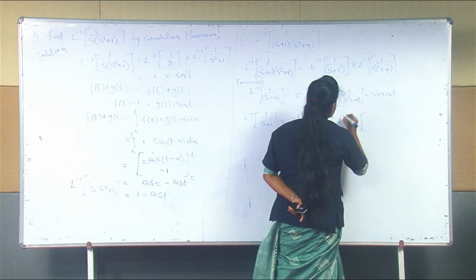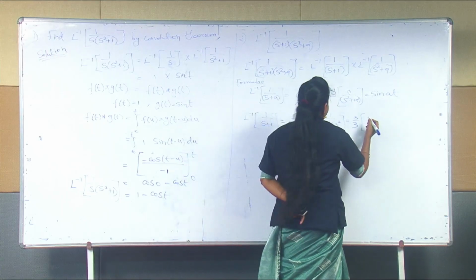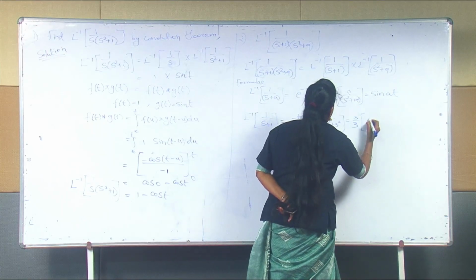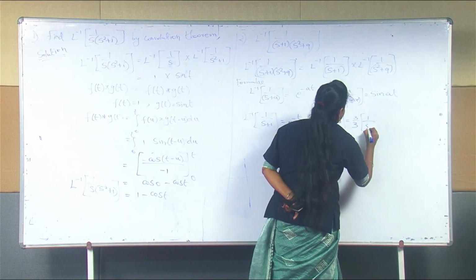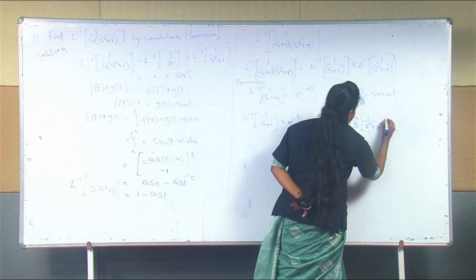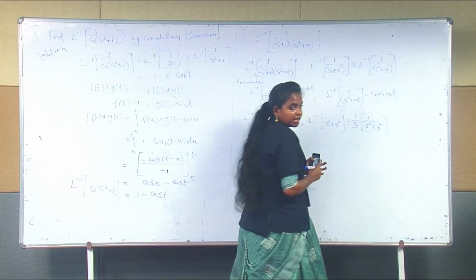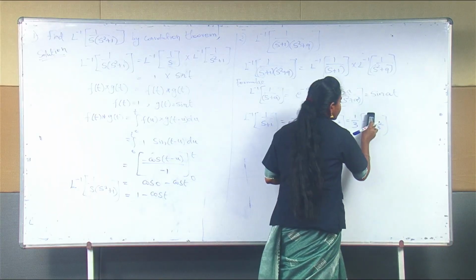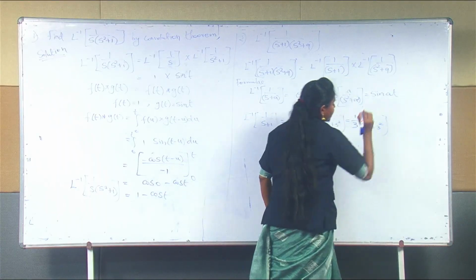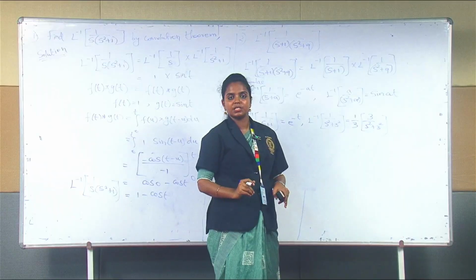So what will you get now? We can write it as 1 divided by 3 and 3 divided by s square plus 3 square.